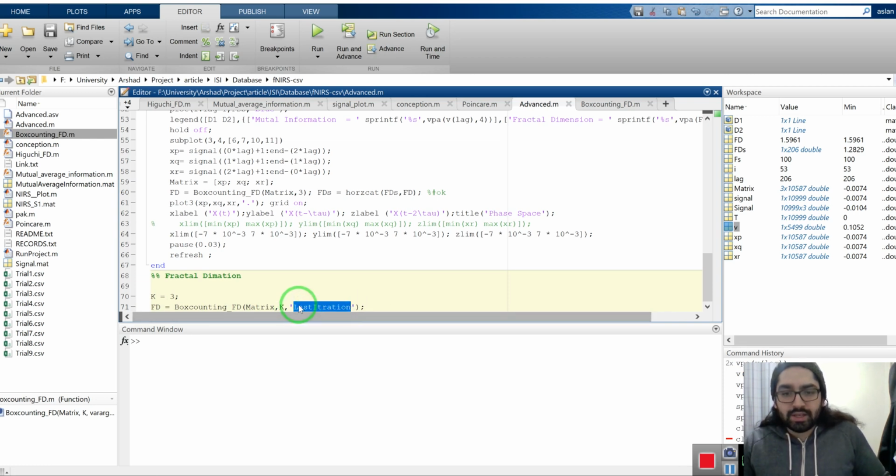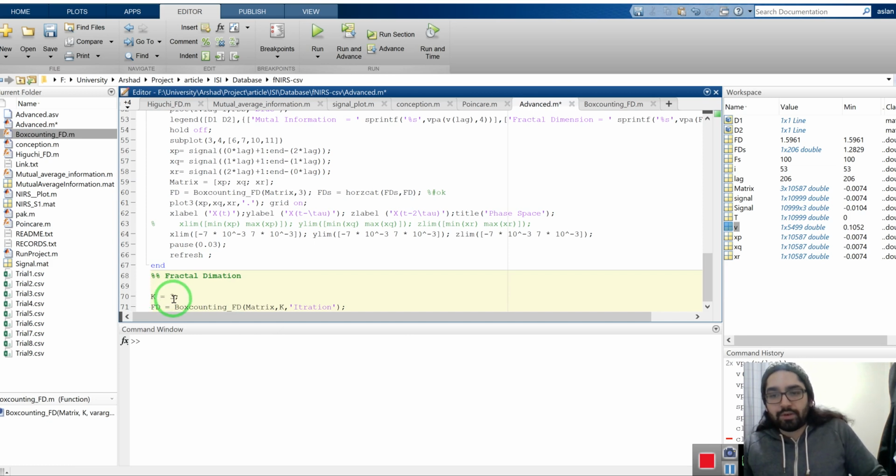You can use the last iteration, that you can show the last iteration, and you can just remove it and just get the FD as the fractal dimension, and also you can use it for all iterations. Typically K is equal to 10, but here for this project, because of the limitation in time that we have, I just set it to 3.